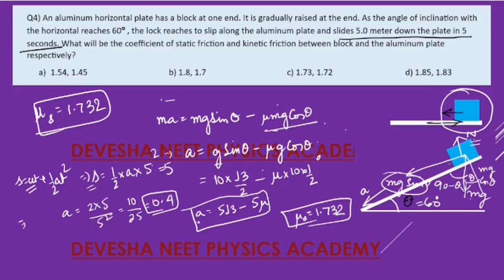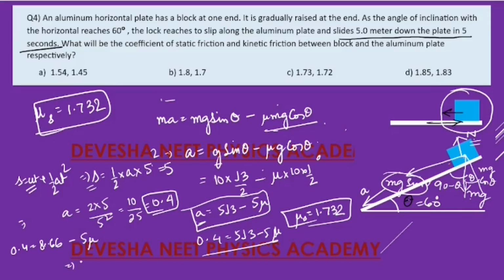Now we need to substitute in this thing, right? So it means 0.4 is equal to 5 root 3 minus 5 mu. So 0.4 is equal to 5 into root 3, which is 8.66, minus 5 mu.